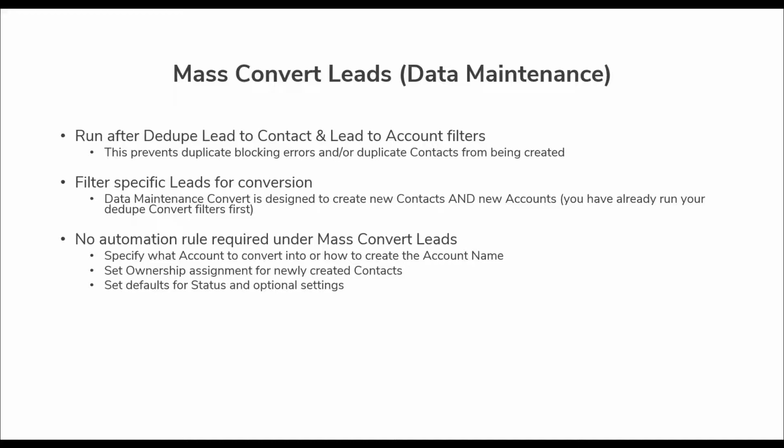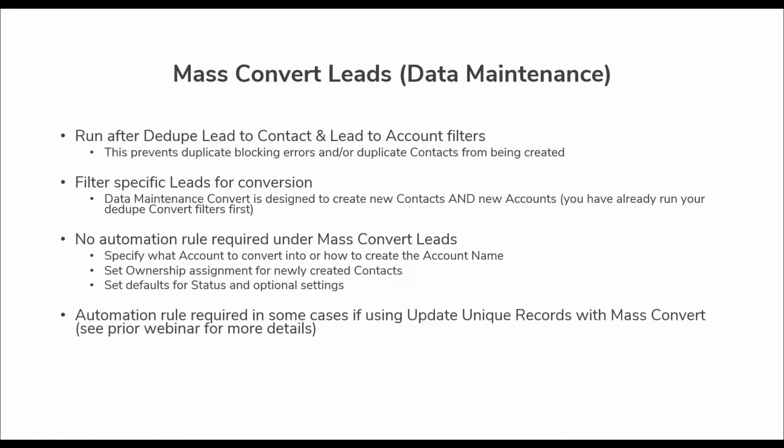Now, we do have a mass convert option available in our update unique records filter as well. This new mass convert leads option is replacing that, but within the update unique records, there is a mass convert option as well.